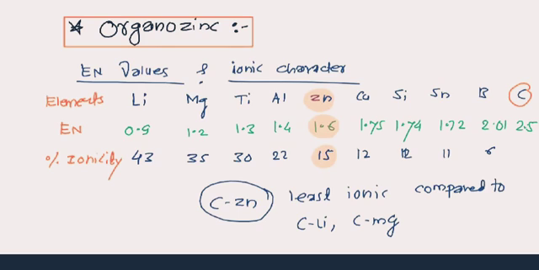So if we consider the polar nature among the previous organometallic compounds, here the carbon-zinc bond is highly covalent in character.